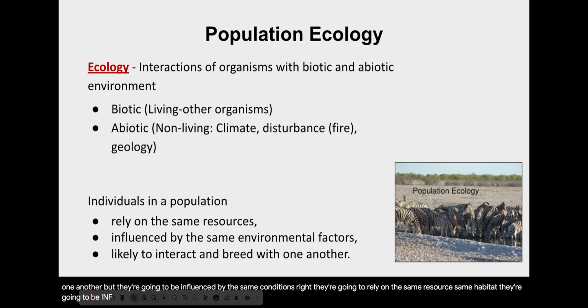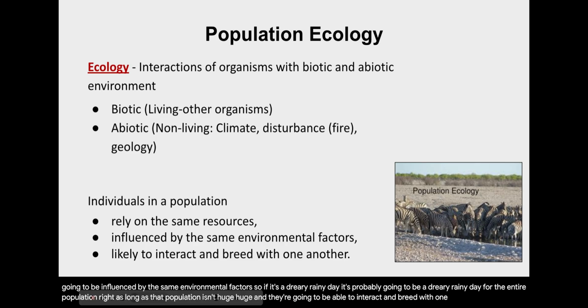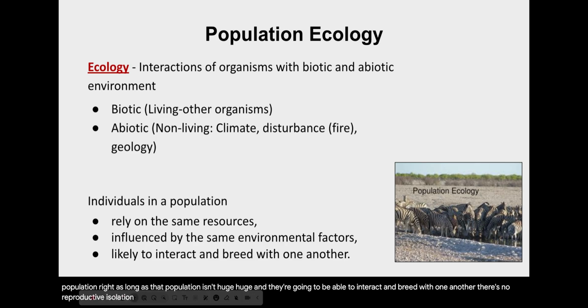They're going to be influenced by the same environmental factors. So if it's a dreary, rainy day, it's probably going to be a dreary, rainy day for the entire population, as long as that population isn't huge. And they're going to be able to interact and breed with one another. There's no reproductive isolation.